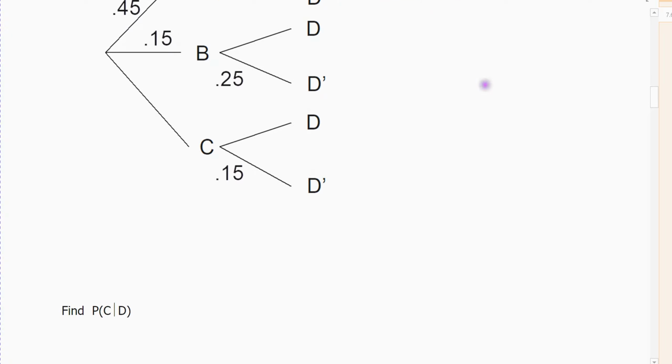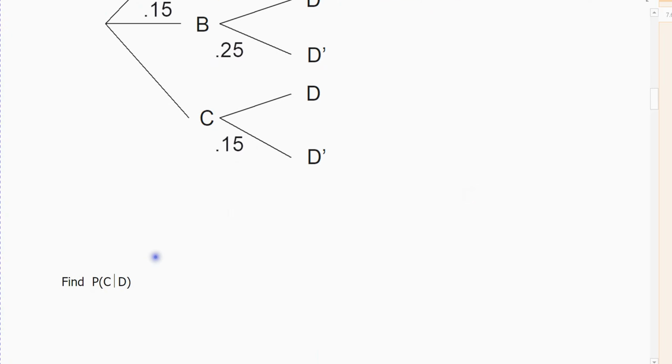Now, I know that I want to find D, so I'm only going to do the D part. If you want to fill out the whole entire tree, you can, but my question is just asking for the probability that D occurred. So I'm only going to do the D outcomes, because that's all I need to answer my question.